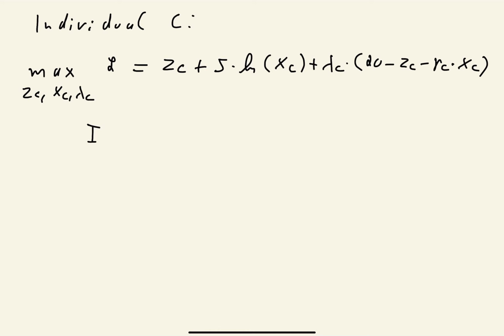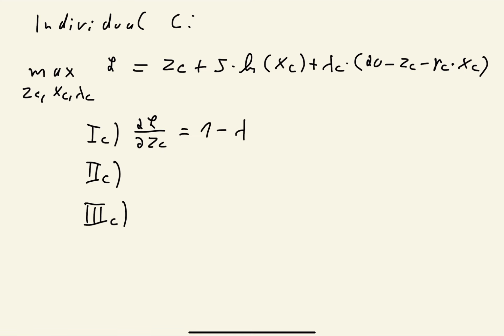Then we have the first order conditions for individual C. Again, 3 of them. Consider first the derivative with respect to ZC, which gives us again 1 minus lambda C, supposed to be 0. This gives us lambda C star equal to 1.